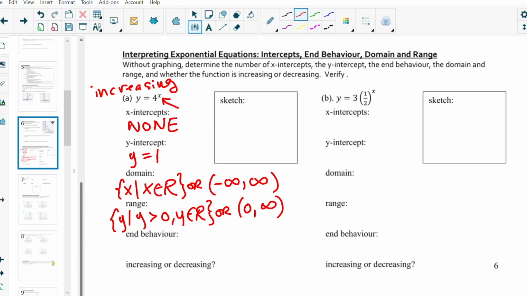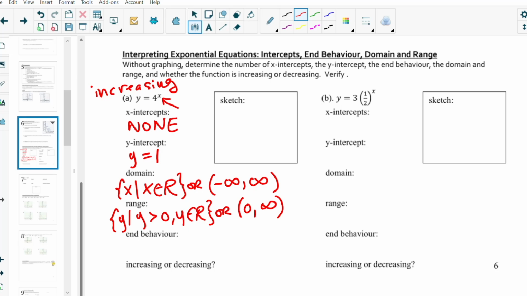Okay, what about the end behavior? This is a little different than just talking about domain and range. End behavior, well, think about the opposite ends, so the left end and the right end, right? So negative x, positive x.